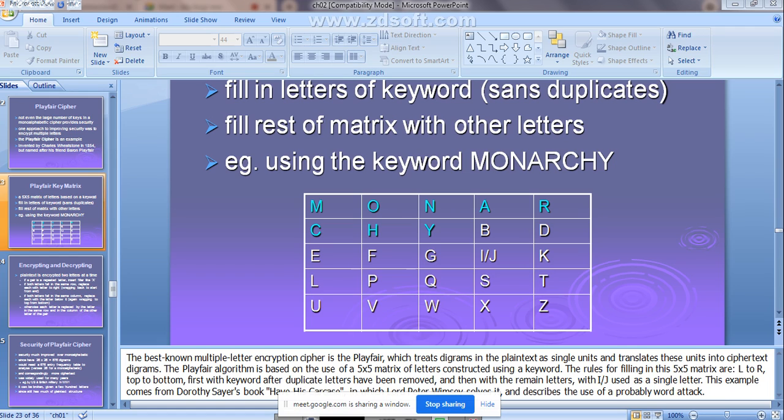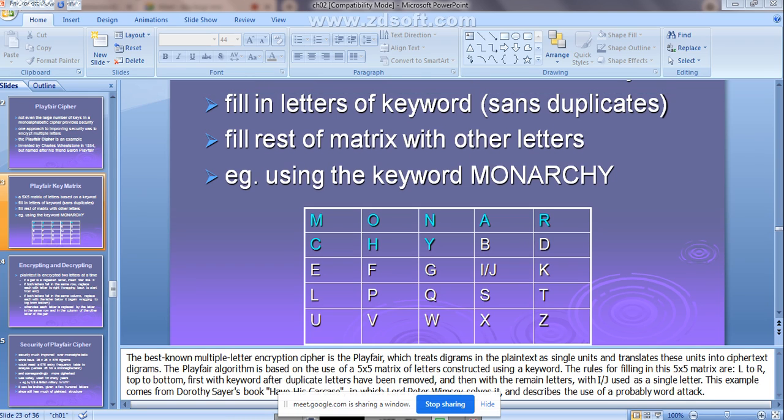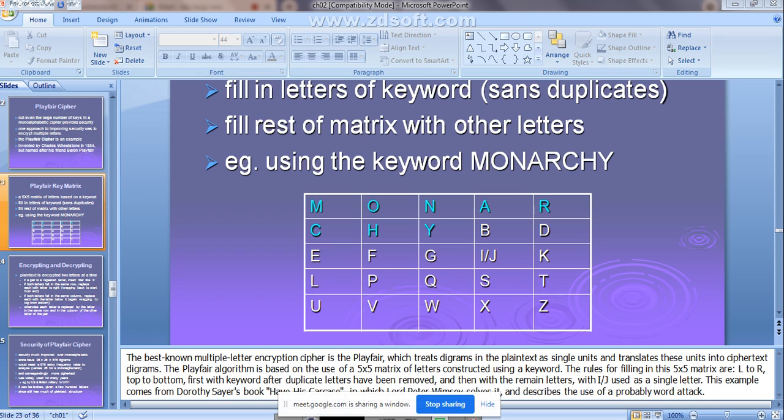So A is replaced with the letter which is below it. What letter is below A? B. So A is replaced with B and S is replaced with X. If in a pair of the plain text both the letters are present in the same column, then you replace each by the letter beneath it.